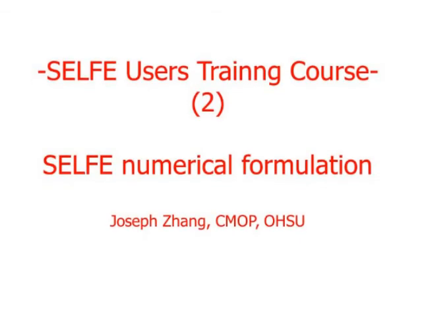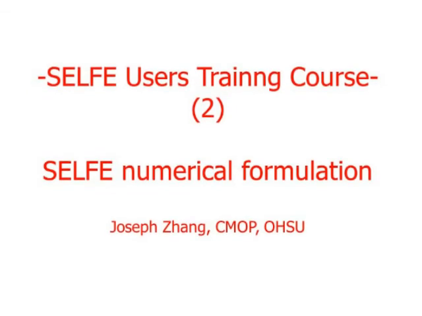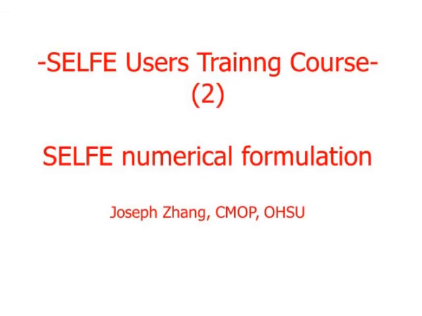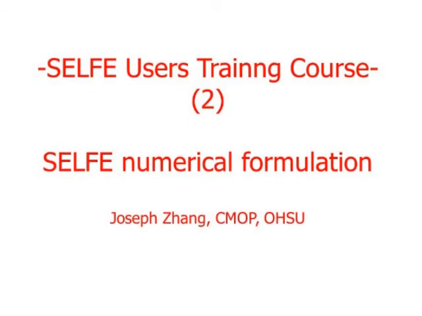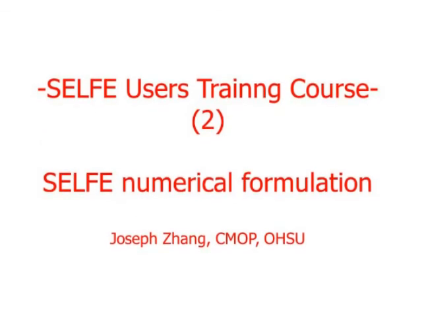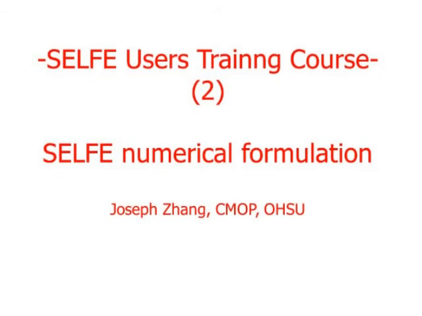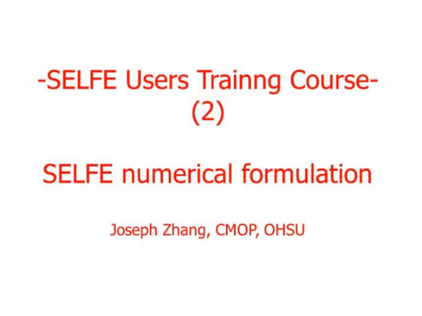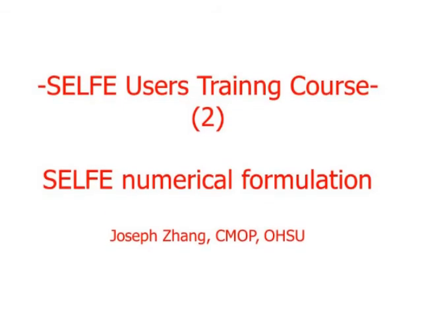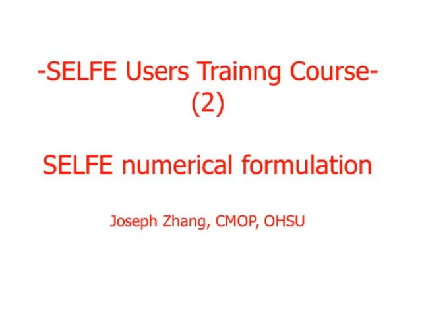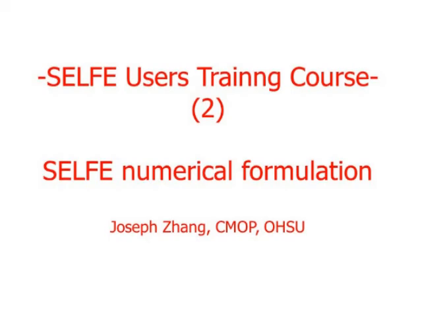Why does the sign have to do with explicit and implicit? Because if you look at the discretized equation on the bottom, if the sign is negative, the term becomes negative.